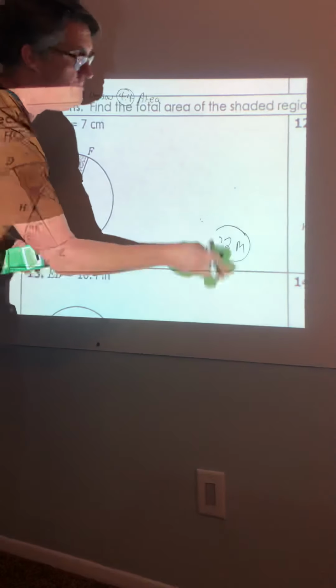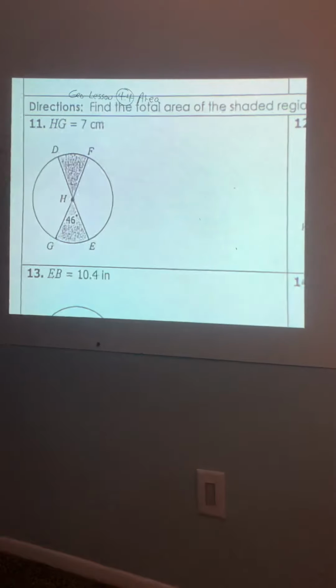So, number 11 on page 6, a little bit different. Because if you notice, it really is pizza. So we want to find the area of these two slices. We don't want the area of the whole circle.